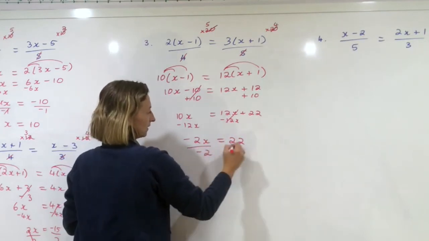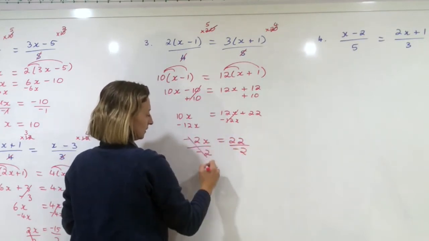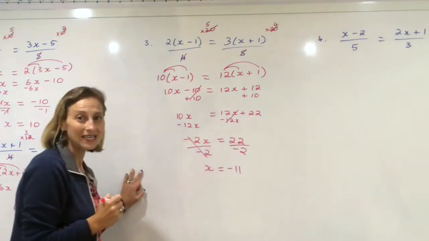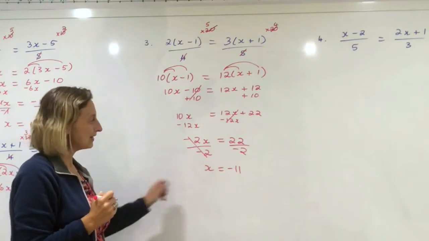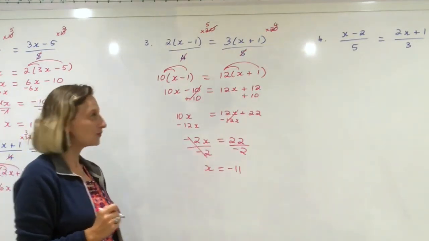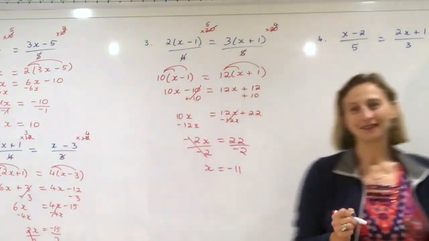And of course, as usual, I want to divide last. And 22 divided by minus 2 is minus 11. Don't leave it as 22 over 2 if you forgot that 2 into 22 goes 11. I'm sure you all know your 2 times tables.